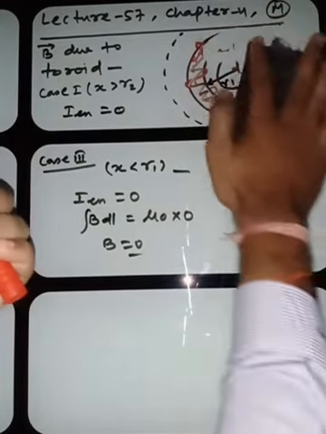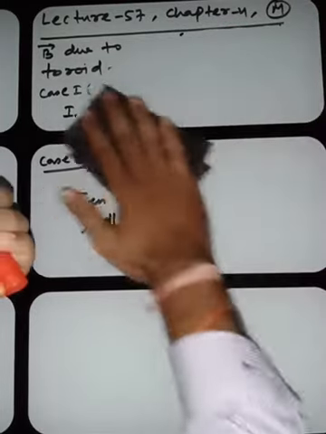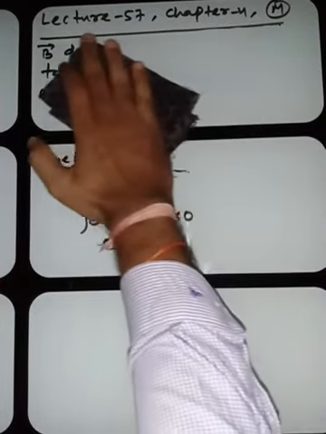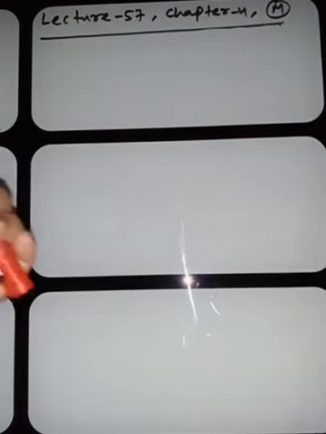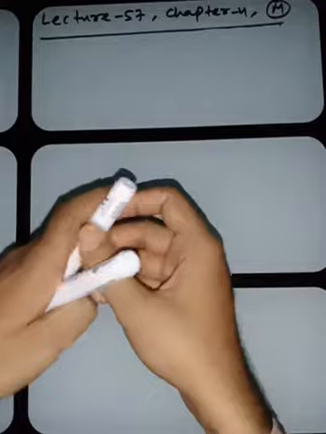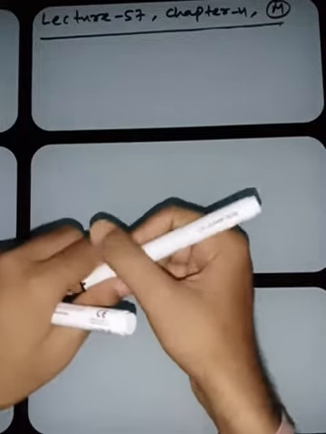All right, now today's next topic. Today we are going to start the next topic. It is the moving coil galvanometer. Okay, this is a very important topic, my dear students.